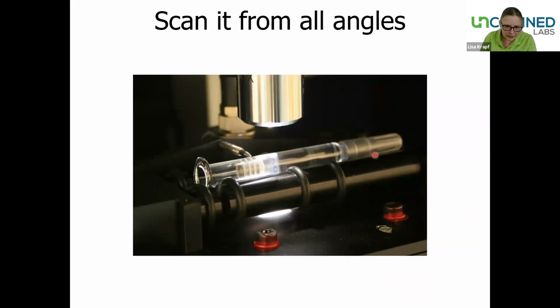Here we can see a syringe loaded on the sample holder inside of the instrument. The sample holder basically is two barrels that can be rotated so that we can look at that syringe from several angles. That whole holder is placed on a microscopic stage that can move in X, Y, and Z.